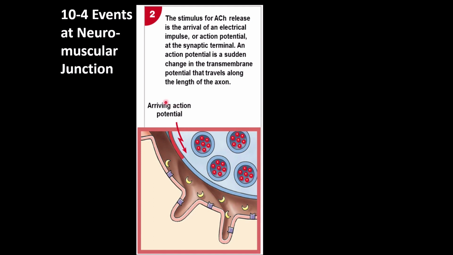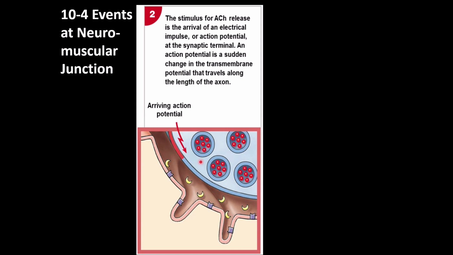So what happens here: an action potential arrives. An action potential, in case you forgot from Bio 1, is a change in the membrane potential of the neuron, and that will cause movement of sodium inside the cell. The inside of the cell becomes more positive. So the action potential comes here.